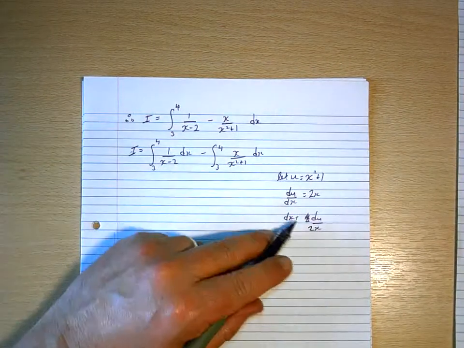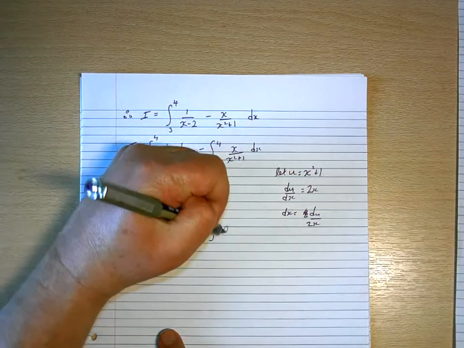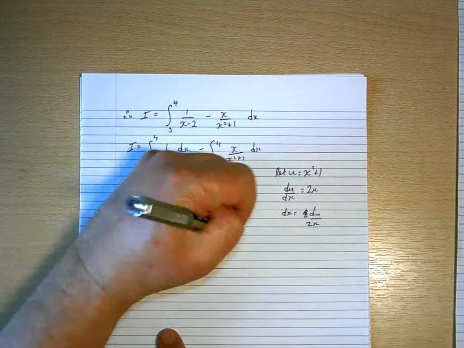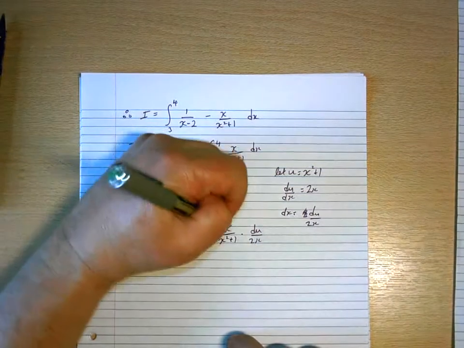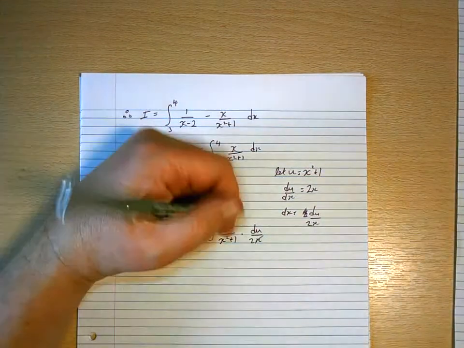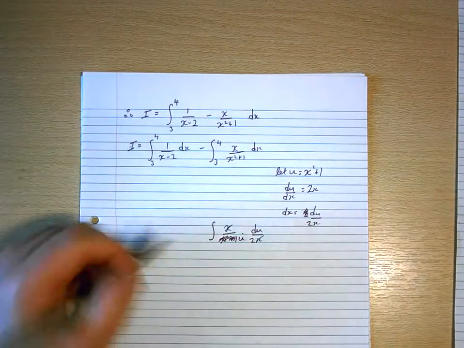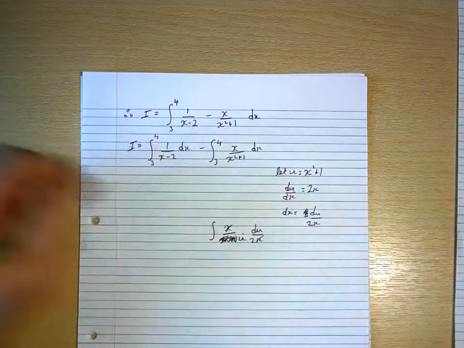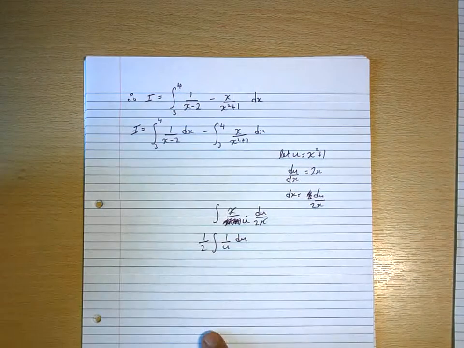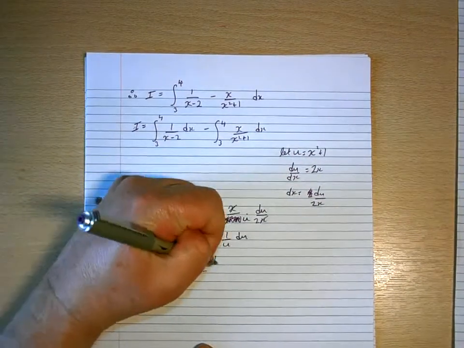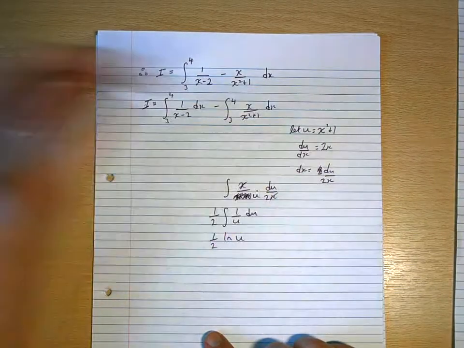So when I integrate that, what I end up dealing with is x over x squared plus 1 times du over 2x, sorry, x over u. So the x's have cancelled, so I'm integrating that, which is that, and now I'm going to substitute that back in.